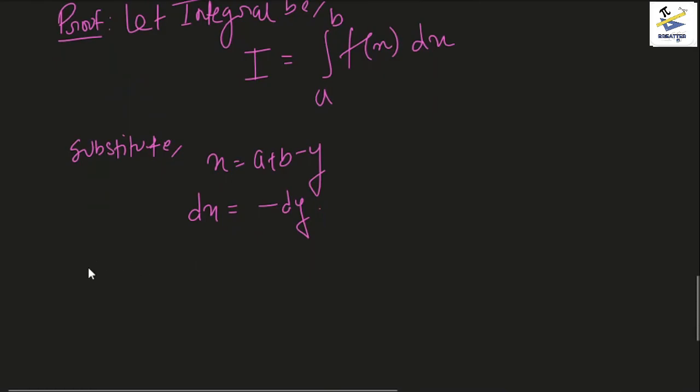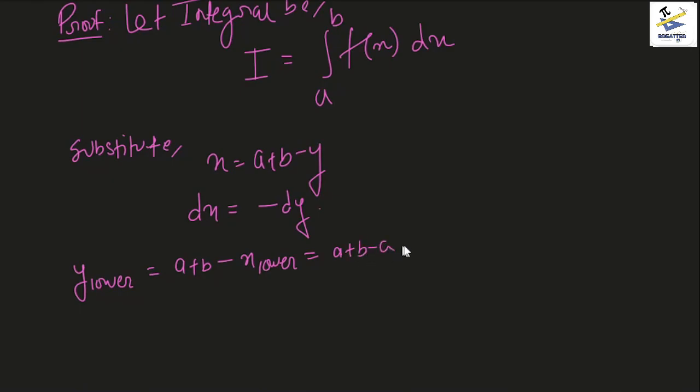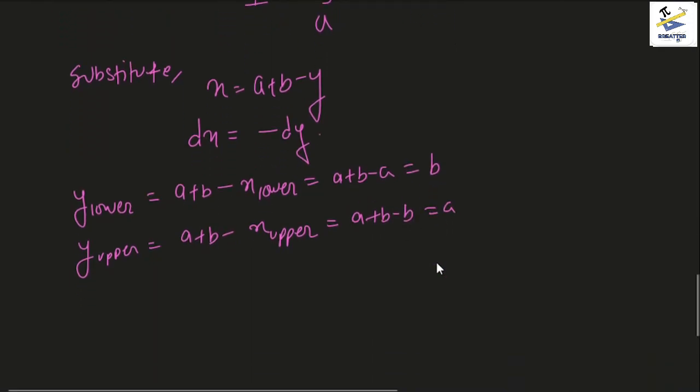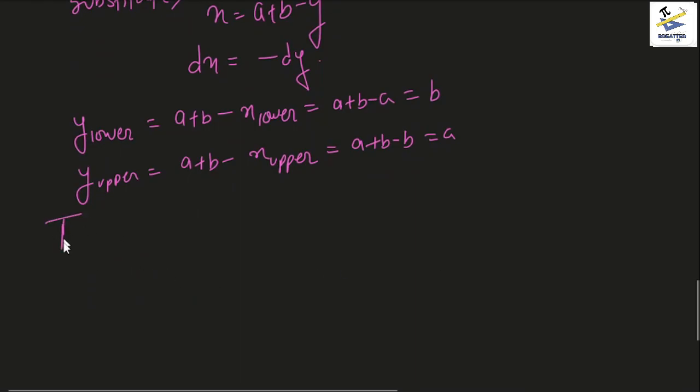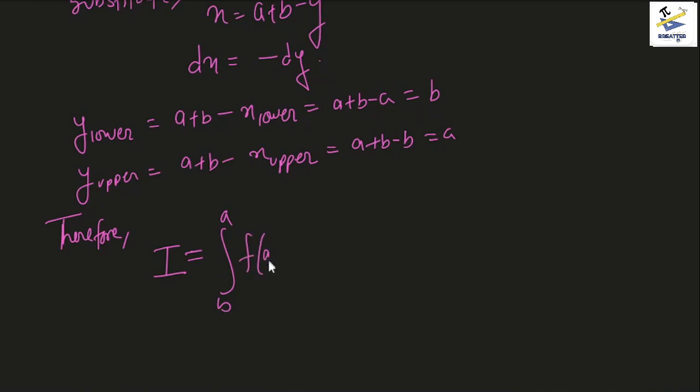And the limits would be something like this. So this would be the lower and the upper limits, and therefore the new integral would be, instead of a to b, now it becomes b to a, and it becomes f of a plus b minus y, and there it becomes minus dy, right?